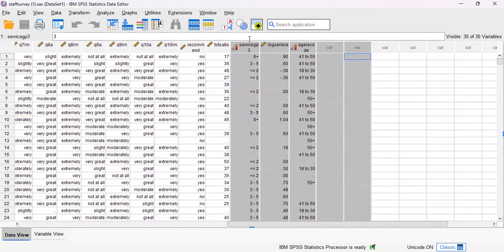What we're going to focus on over here is total satisfaction, and then length of service in 3 different groups, and log transforms of service, and then age recodes in 4 groups. And as you can see, if you hover over it, it'll tell you that, like this one, for instance, is numeric, and then it's measured in a scale score.